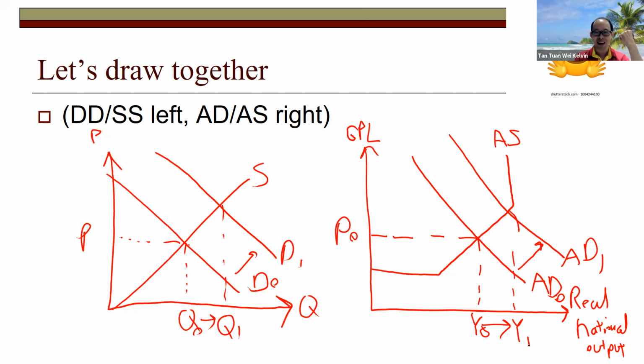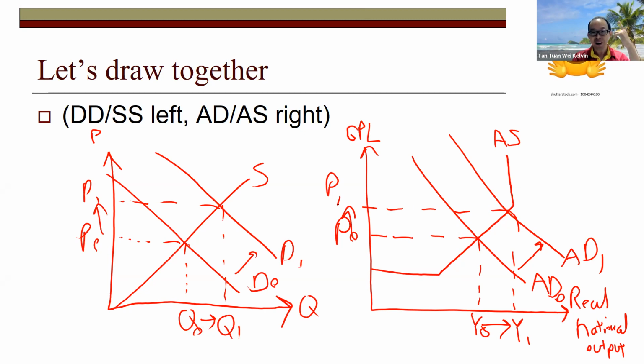But let's look at the y-axis. Let's look at the graph on the left. Can you see that the price level for this particular good has gone up from P0 to P1? But if you look at the graph on the right, can you see? Just like the demand and supply graph, the price has also gone up. But this time, we call this the general price level going up.